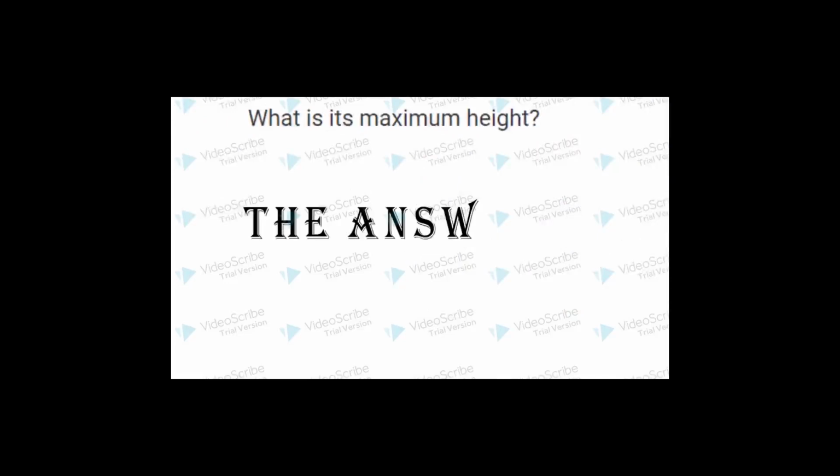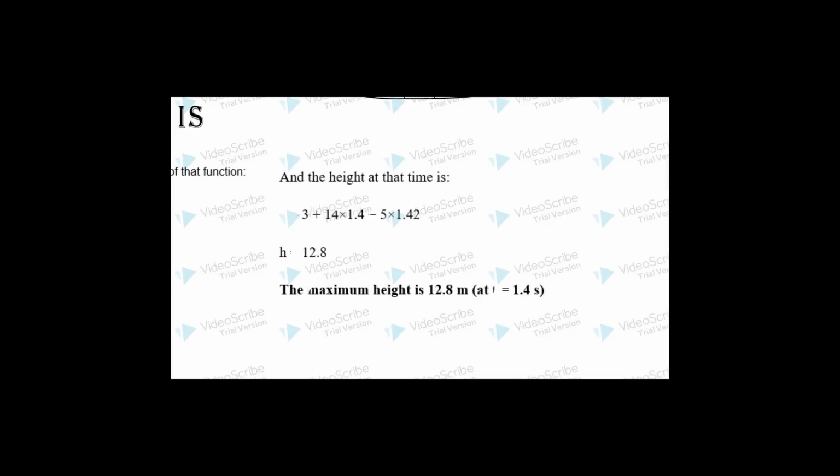The answer is, using derivative, we can find the slope of that function. The slope is 0 at time 1.4 seconds. And the height at that time is 12.8 meters. And this is the graphic.